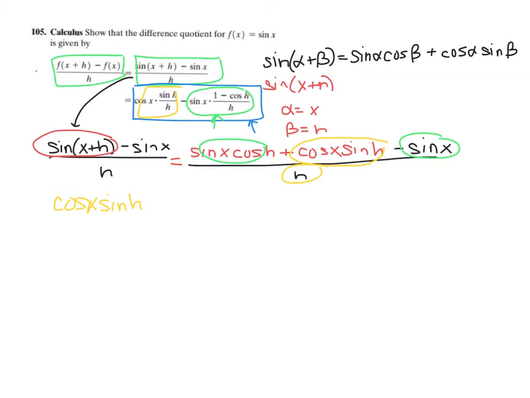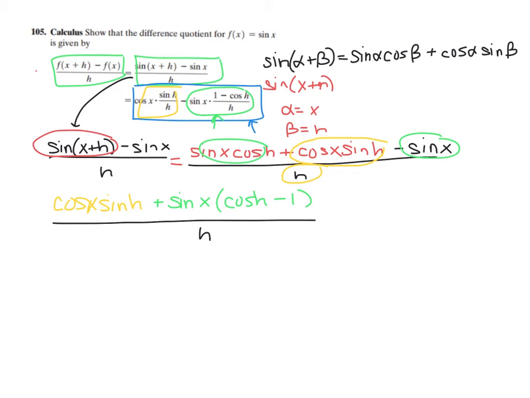So I'll show you what I get when I do that. You might be able to see something that I'm not doing, and that's fine. So then if I were to rewrite that, I would get sine of x times cosine of h minus 1. This, by the way, is still all over h.